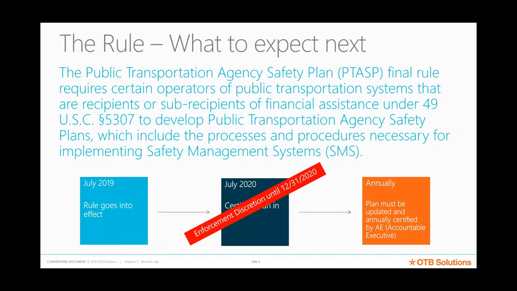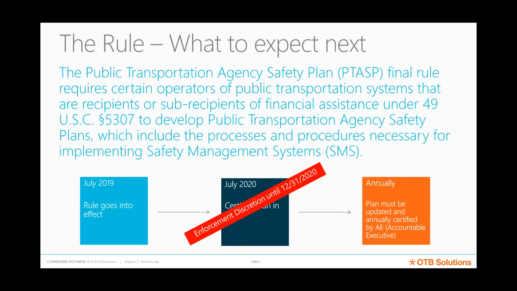But I wanted to talk a bit about the rule, or what we call the 673 rule. Some of us, I think, were caught by surprise. Some folks thought this rule would never come to pass, and it did, and it's known as the Public Transportation Agency Safety Plan Rule.